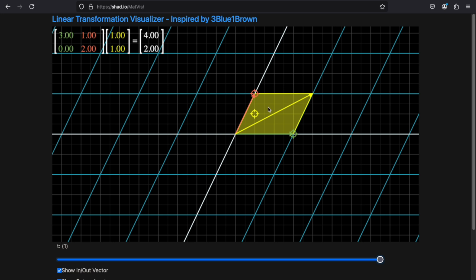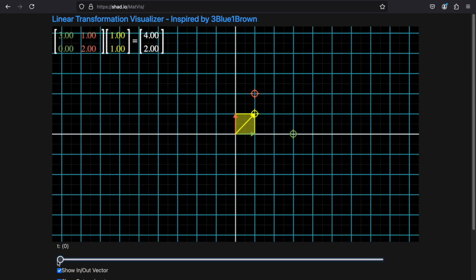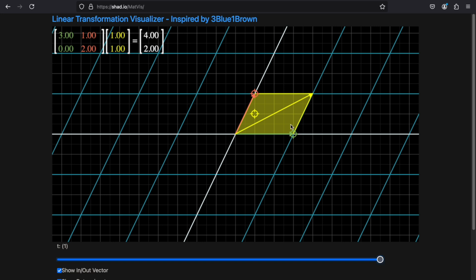So we can clearly see that the amount by which the unit area has been changed is a factor of 6, because the area formed by the transformed i hat and transformed j hat is composed of those six smaller unit squares, right?